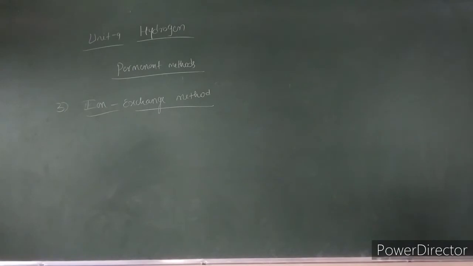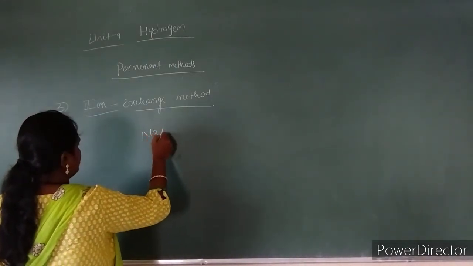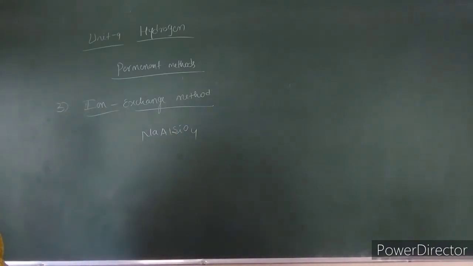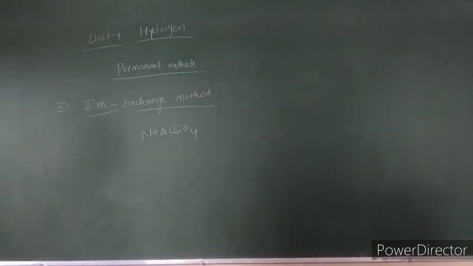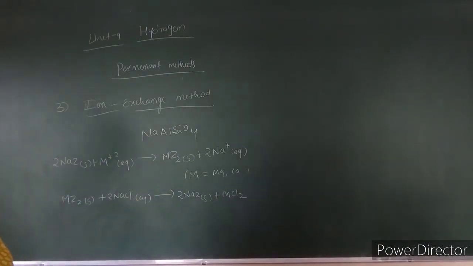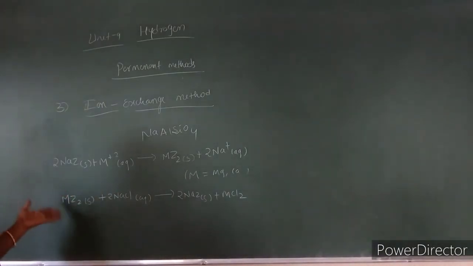Zeolite is usually called sodium aluminum silicate. In the ion exchange method we are using zeolite, that is sodium aluminum silicate, where Z indicates the zeolite. So this is useful for the removal of hardness of water.